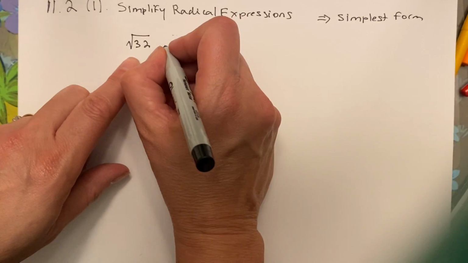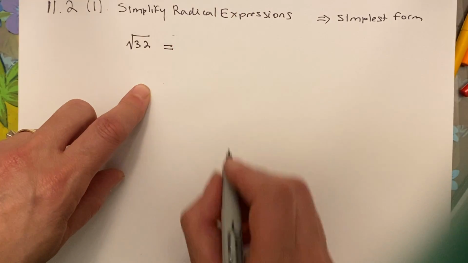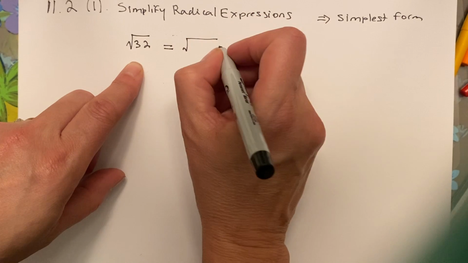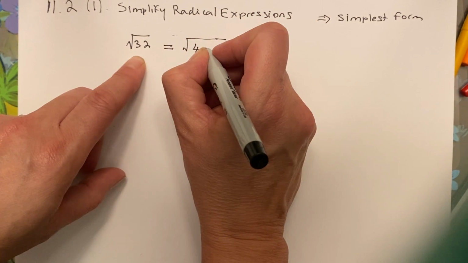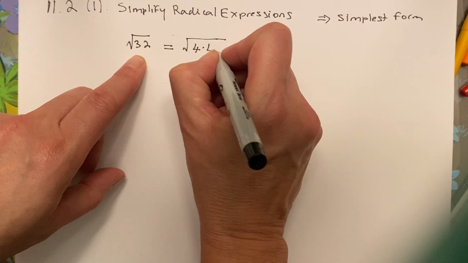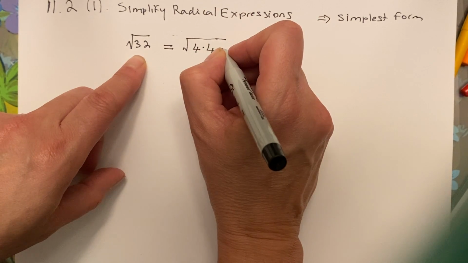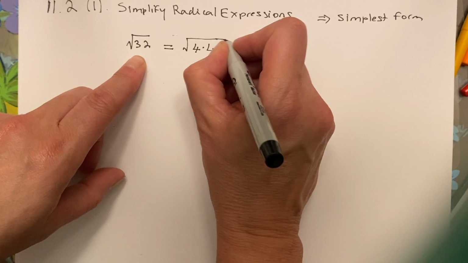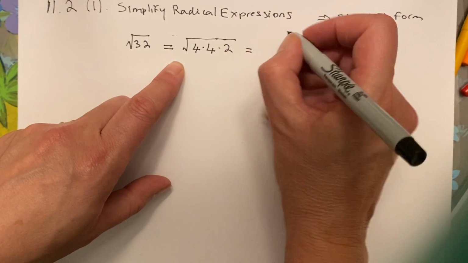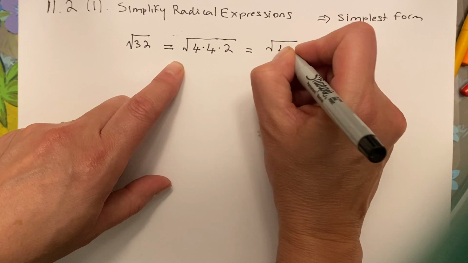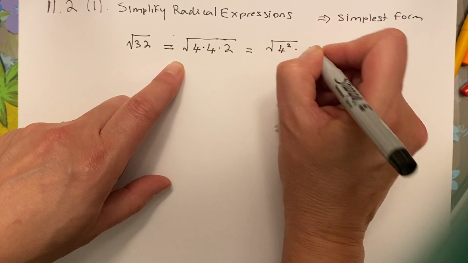The square root of 32, if you look at all its factors, contains 4 times 4, which is 16, times 2. Okay, so it contains 4 squared, or 16, times 2.